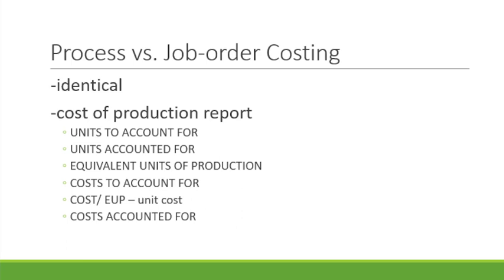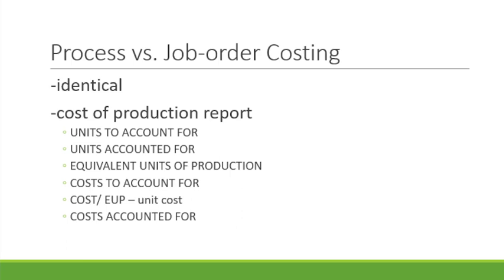Plus, this is a caveat or a reminder. Wag mo pong kakalimutan na isama yung WIP beginning. Saan manggagaling yung WIP beginning na yan? Dito sa iyong cost data. 20,800 and 27,600 yung material and conversion cost.